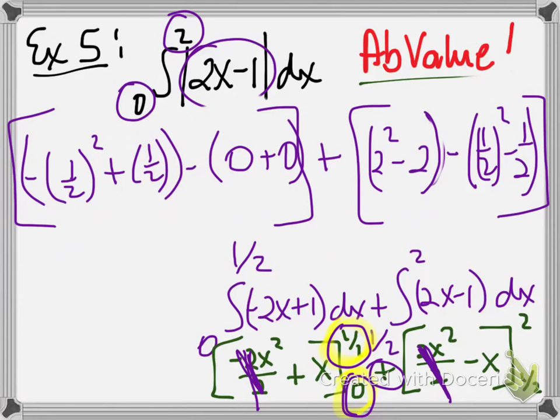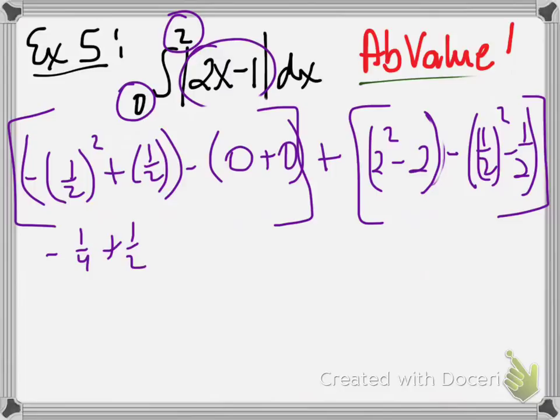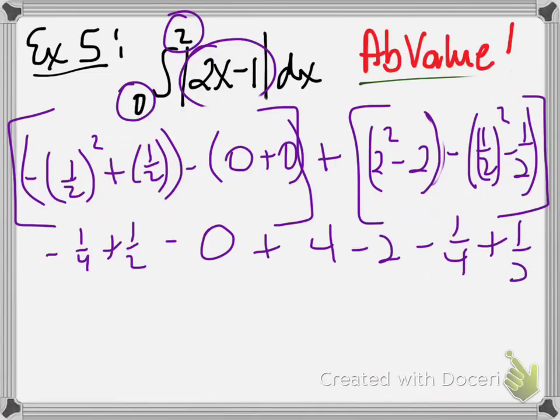So over here I'm going to have negative 1/4 plus 1/2. I'm erasing stuff down below. I hope you already had this written down. Minus 0 plus 4 minus 2 minus 1/4 plus 1/2, because I'm distributing the negative.